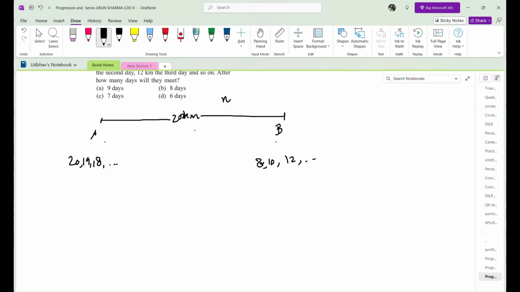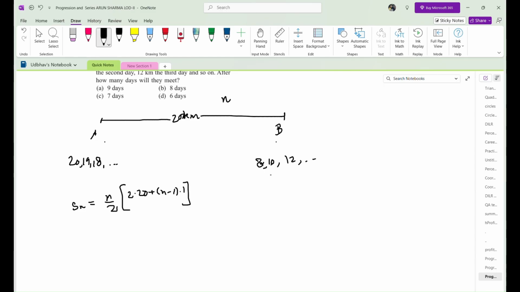After n days, how much distance must Anita have covered? We can find it using the Sn formula. Sn of Anita will be n by 2 into 2 into 20 plus n minus 1 into 1.